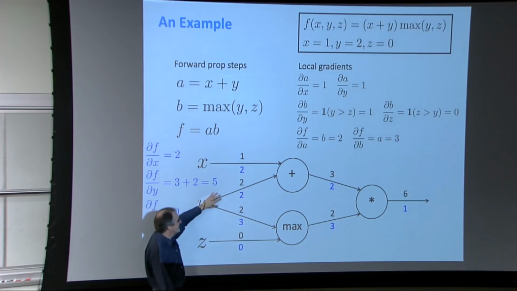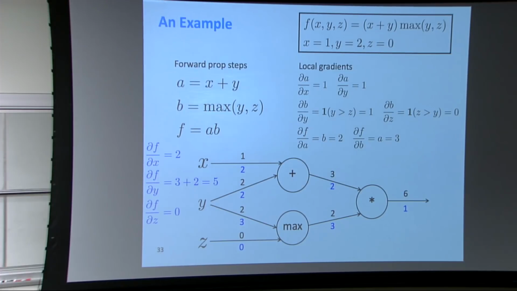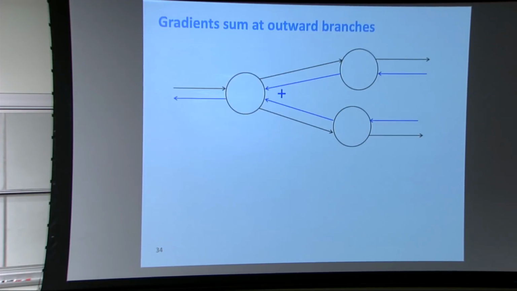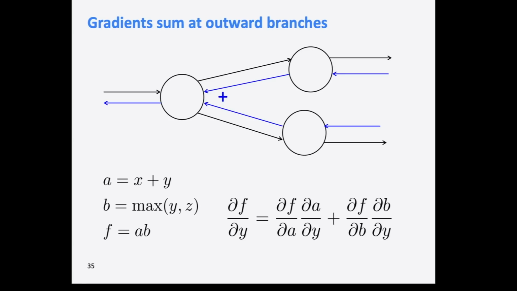So if this thing is used in multiple places and you have the computation going out in different ways, it's just this simple rule that when you do backpropagation backwards, you sum the gradients that you get from the different outward branches. Okay, so if a equals x plus y, that's the one we showed you before, we're doing this sum operation to work out the total partial of f by y.